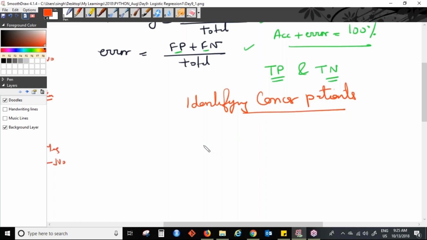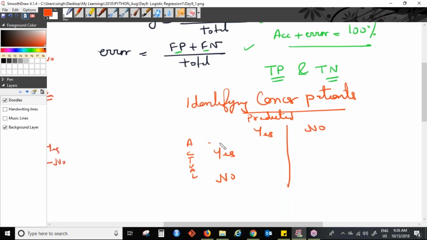Let me write actual values. Actual yes means this patient actually has cancer. Actual no means this patient does not have cancer. Similarly, predicted yes means the hospital predicted yes for this patient, and no means you predicted no.